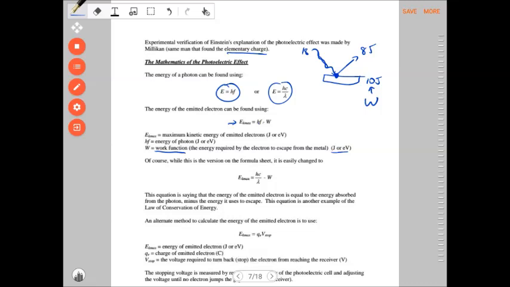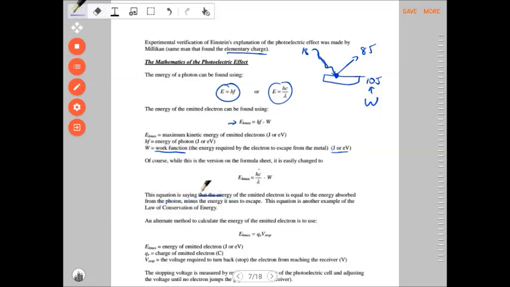Now this, of course, is the version on the formula sheet, and it can be easily changed. Remember, hf can be changed to the hc over lambda part, because that is also the energy of the particle coming in, depending on whether we have frequency or wavelength.